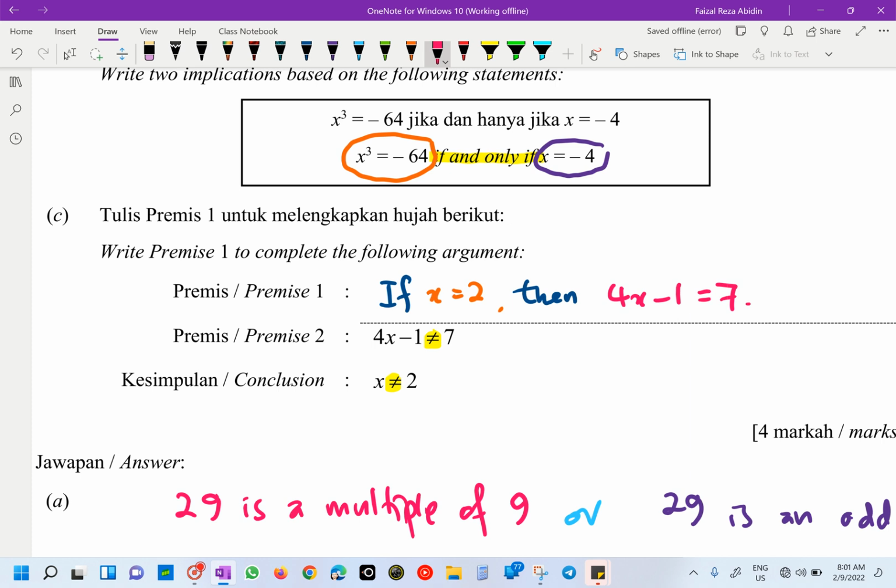How can that be? You substitute x into the equation: x equals to 2, then 4 times 2 is 8, minus 1 is 7. But when it says in premise 2 that 4x minus 1 is not equal to 7, it means x is not equal to 2. 1 mark only.